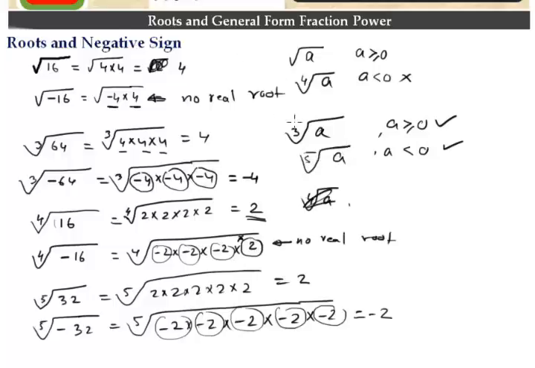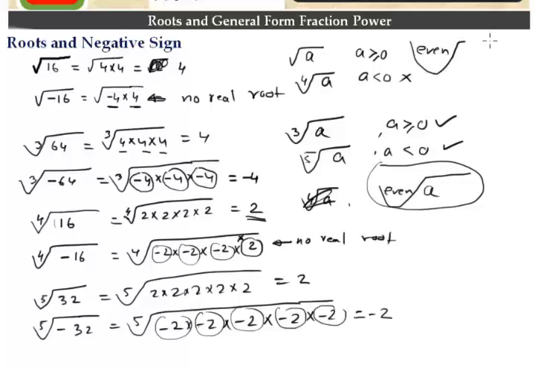So similarly, if we keep continuing, we will always find that for even root, here nothing means 2 actually. Square root is actually second root. 2, 4, 6, 8, whatever. If it is an even root, it is only possible if the number is positive.